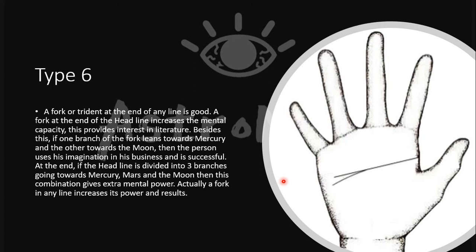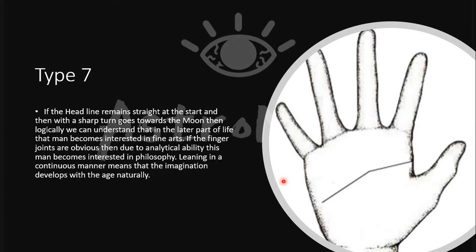The person will be very famous with his imagination, will gain profit also, and will have logical thinking capacity. Now the type 7, which might be seen in someone's palm. Suppose the headline was straight at the beginning, and after some time it makes a sudden curve. What it does is that the later part of life becomes interested in fine art.